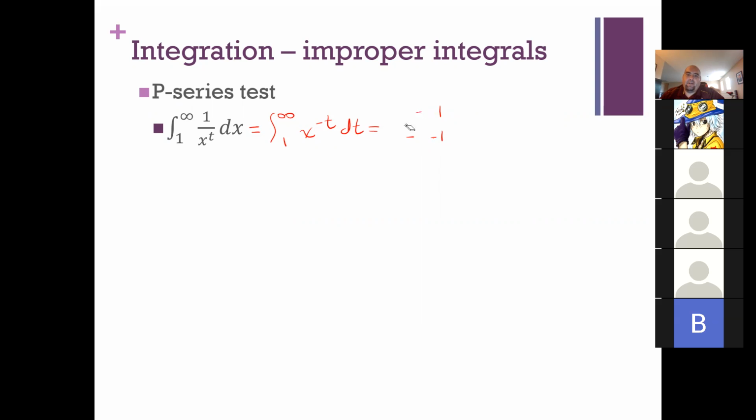Actually, there's one more thing I've got to do here. Infinity is not a number. So in the meantime I'm going to replace infinity by a new variable, which I'll call b. Instead of taking the integral from 1 to infinity, I'm going to take the integral from 1 to b.